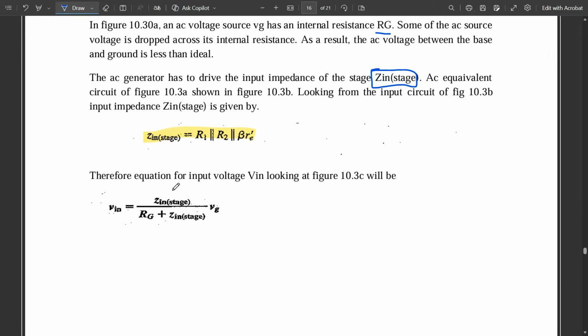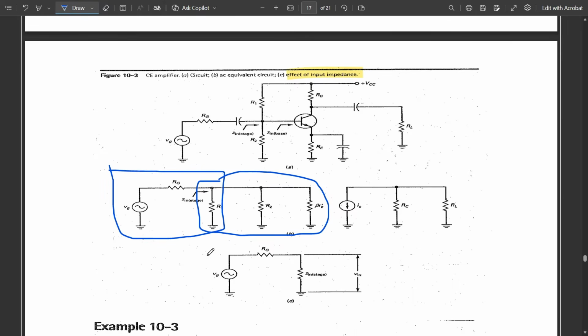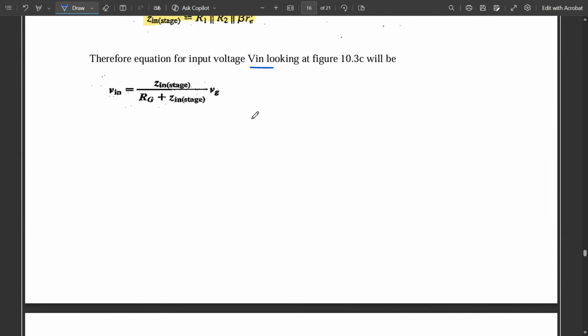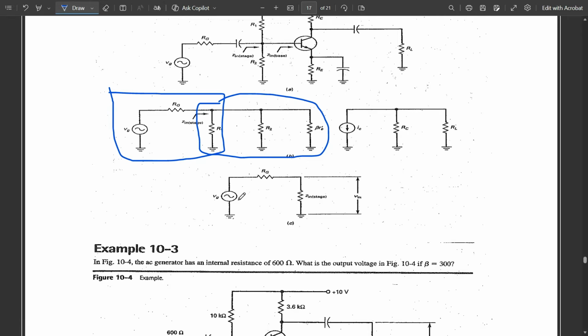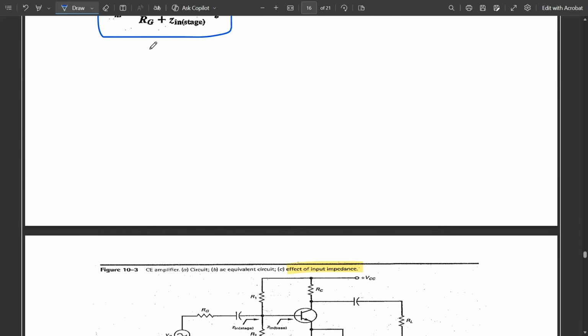Okay, therefore the equation for input voltage V in, looking at figure 10.3c, would be somewhat like this. You see here V in is equal to Z in stage into Vg divided by Rg plus Z in stage. Why? Because Vg is the voltage source which is present here, divided by Rg plus Z in stage.